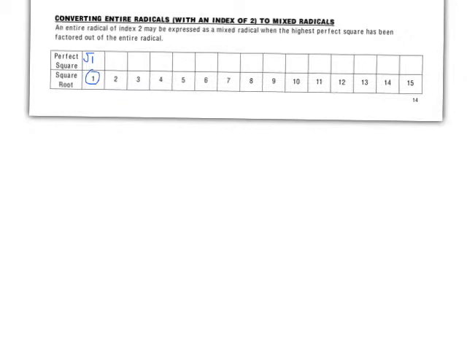This is a little bit weird because of all of these numbers: the square root of 4 here, the square root of 9 here, the square root of 16, the square root of 25, and so on. The top part here is all entire radicals.